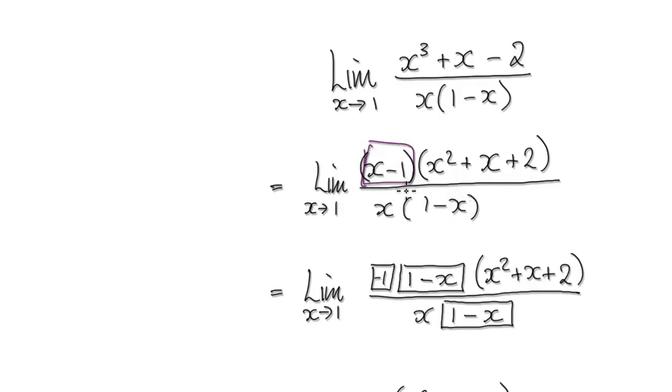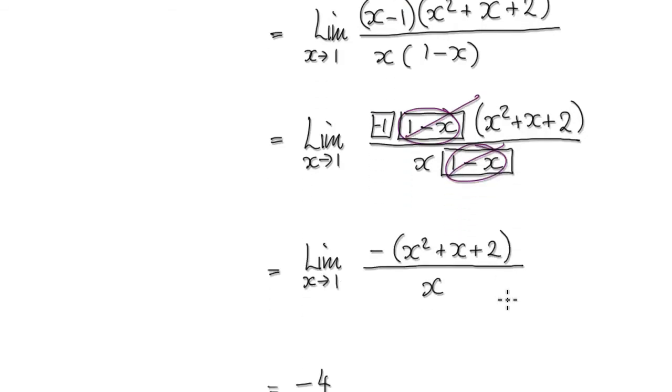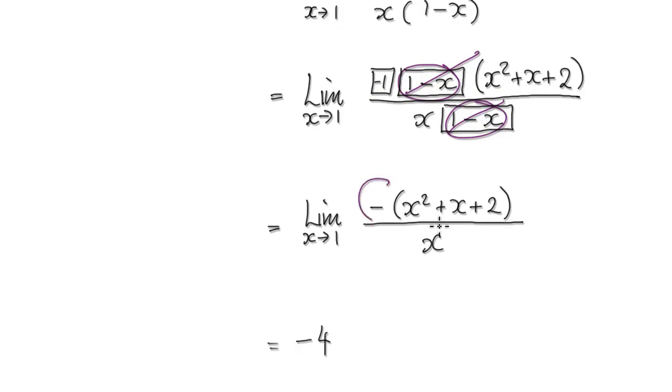I'm going to imagine this block as being negative 1 times this thing here. So now these two blocks are exactly the same. They will cancel each other out, giving you this. So now when you put 1 into here, you're not dividing by 0. The denominator is 1, which is legitimate. And when you put this thing into here, the limit is actually negative 4.